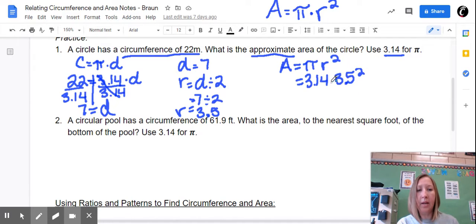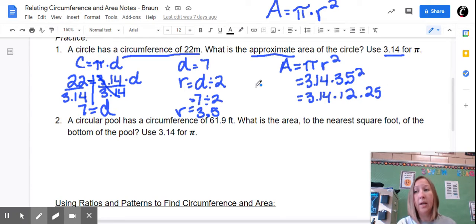And if you remember from the area notes, we want to make sure we do our exponent first, or our multiplication over here first. So 3.5 times 3.5, or 3.5 squared, is 12.25. So I am going to be multiplying 3.14 times 12.25.